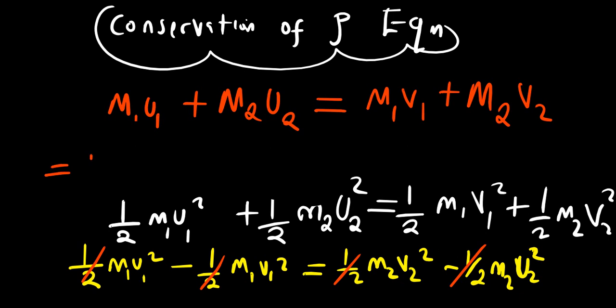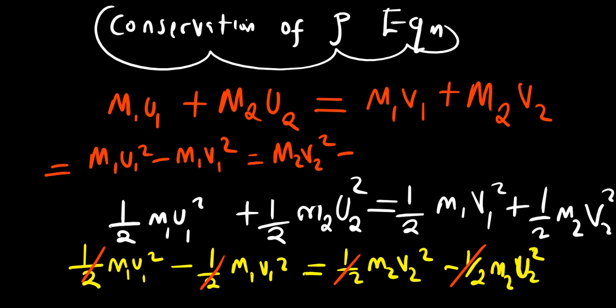I'm remaining with m1 u1 squared minus m1 v1 squared is equals to m2 v2 squared minus m2 u2 squared. This is what we have now.